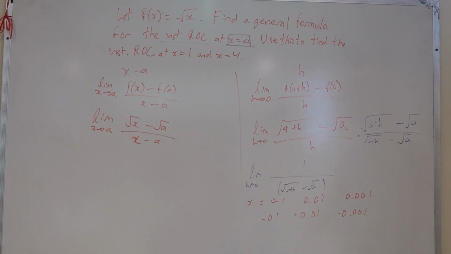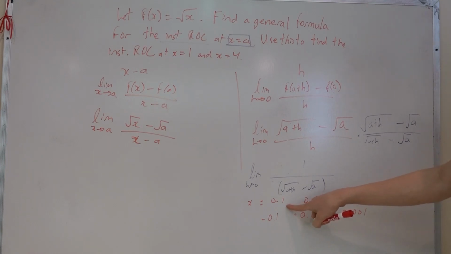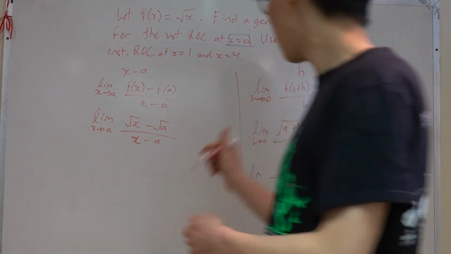Okay? So let's think about it. So first I put in a 0.1, right? Okay, not much happens. And I put in 0.01. Again, like I can't really evaluate that because I don't know what a is. But as these numbers get closer and closer to 0, this little h thing matters less and less, right?